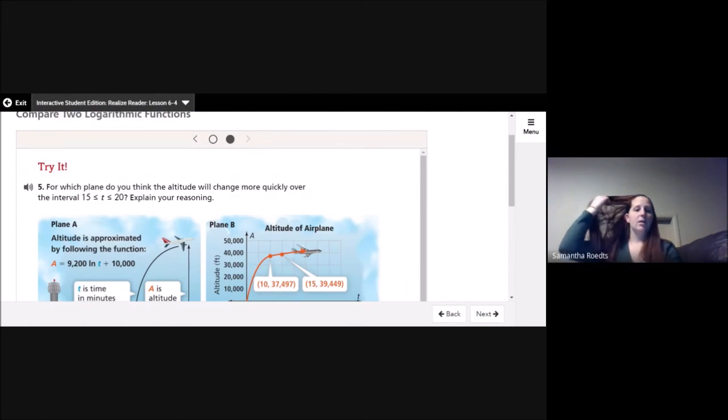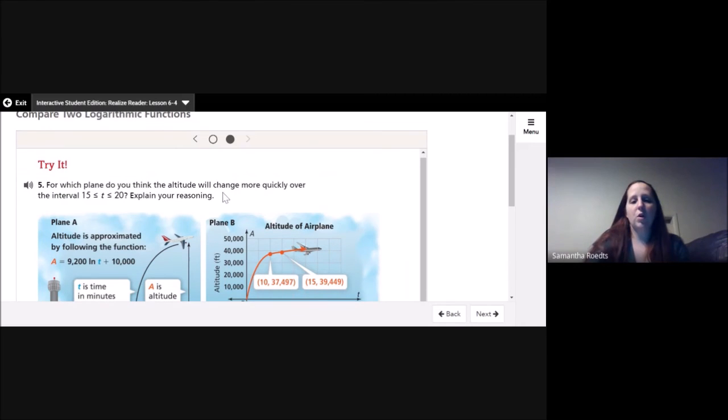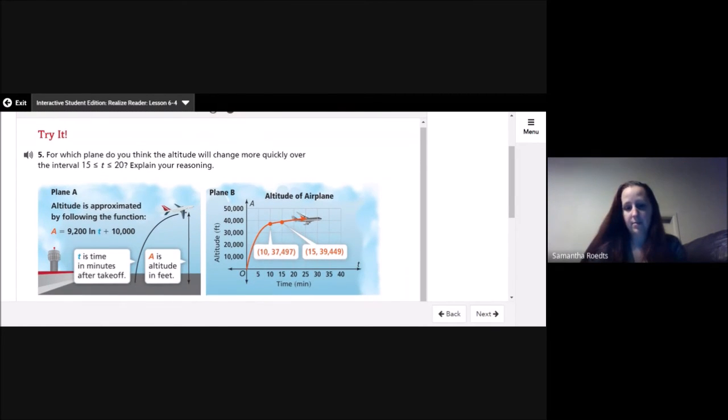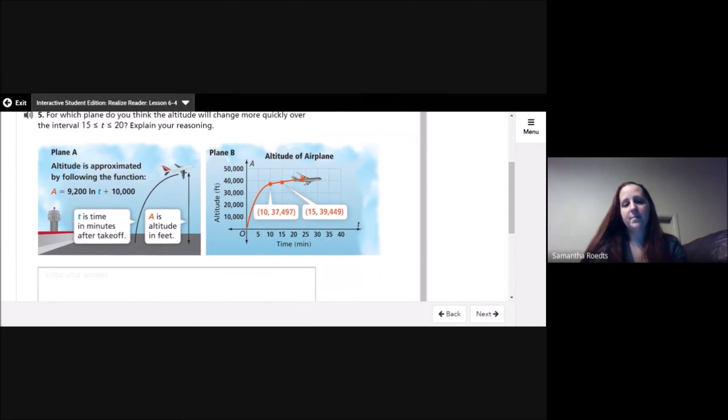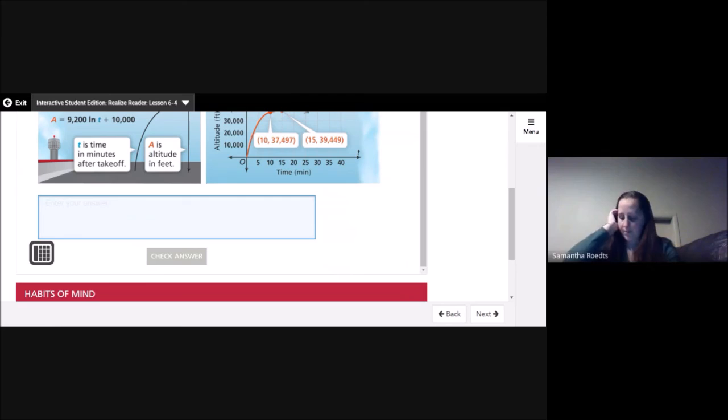So let's try it. For which plane do you think the altitude will change more quickly over the interval from 15 to 20? Explain your reasoning. Altitude is approximated by the following function. So same for plane A, the 2 points for plane B. So we know that plane A increases at 746 feet per minute because that's what we found last time, while plane B increases at 390 feet per minute.